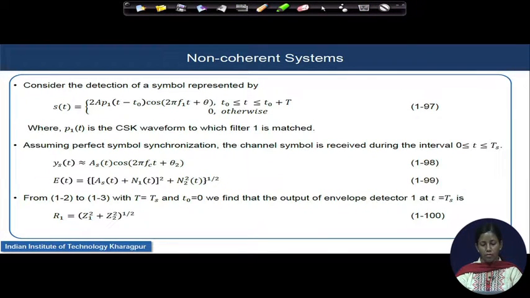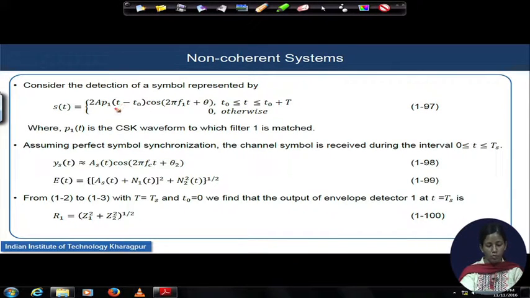So now consider the detection of a symbol which is represented by this expression. This is the received symbol that we have written here, and we understand this format, as we have seen in the last expression in the last module also.